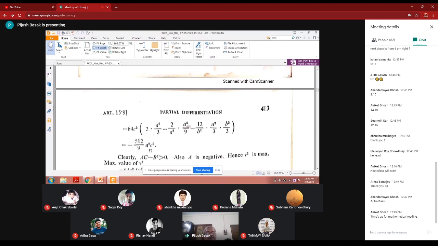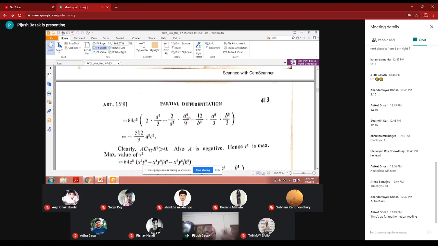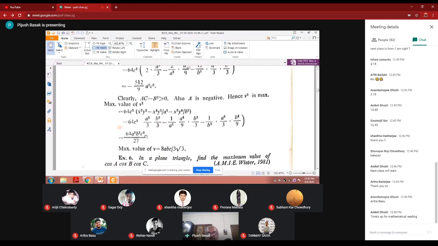Clearly, AC minus B square greater than 0, so there is a possibility of maximum or minimum. And A is negative, so V square is maximum. Value of V square is 64 a square b square c square by 27. Just put x, y, z and you will get the maximum volume.